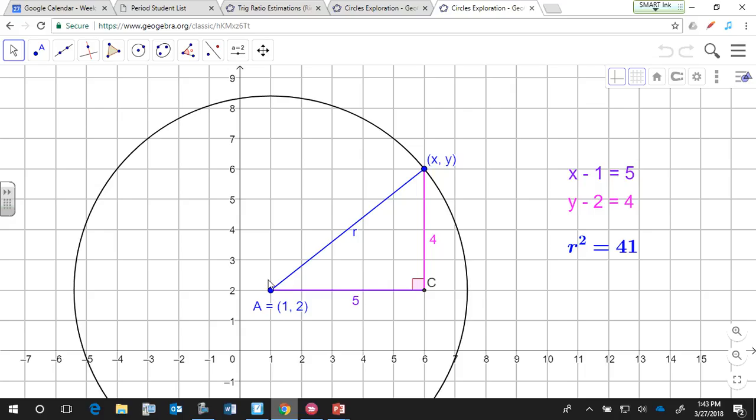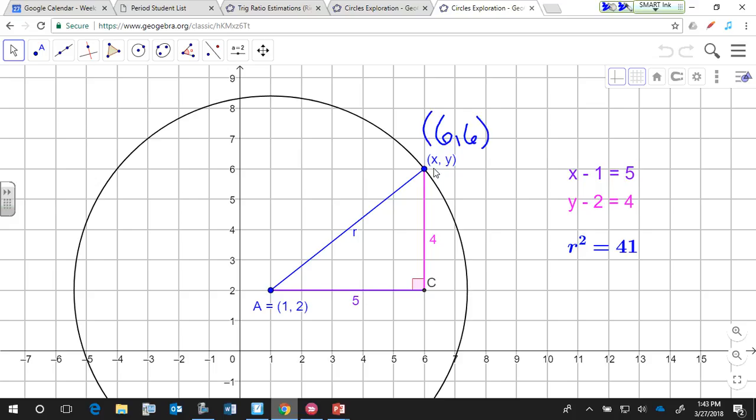So now I've changed my center, haven't I? Everyone see that my center is now the point A instead of the origin? And this is the point 1, 2. Currently, what's the ordered pair up here for x, y? 6, 6.